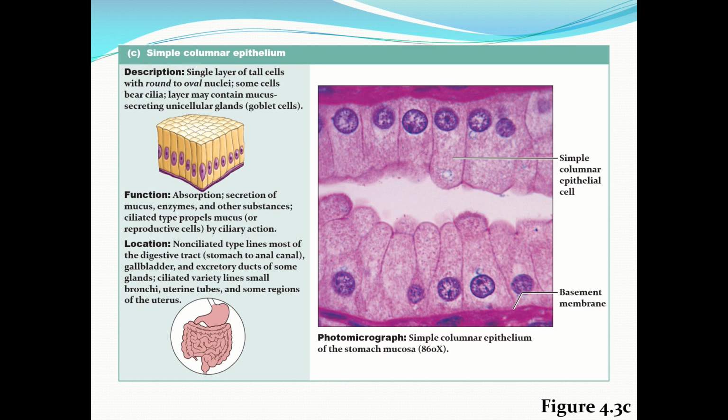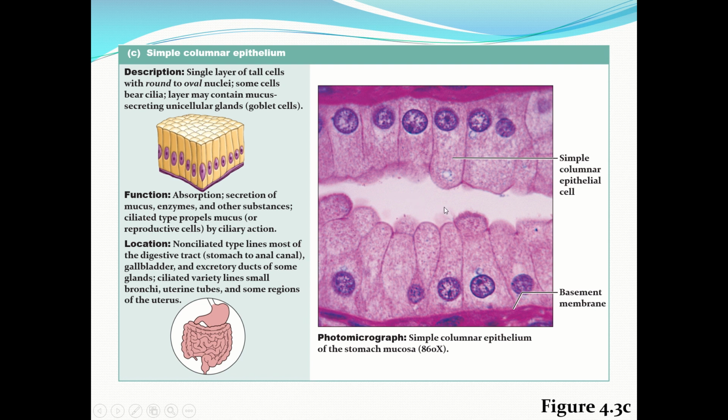Simple columnar epithelium is one layer of columnar cells that are taller than they are wide. So again, the white part that you see in the middle is a space called the lumen. It's the interior of the digestive tract.